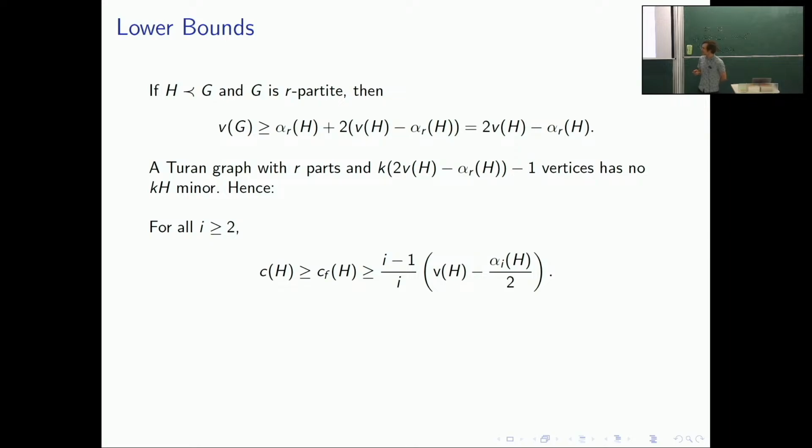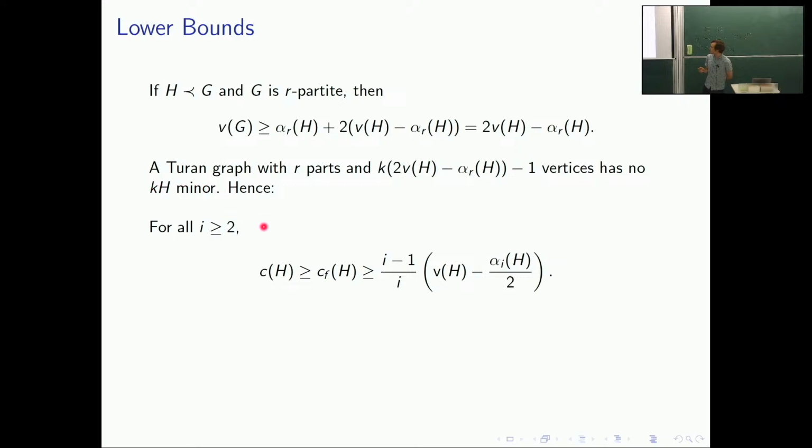So if we consider a Turán graph, a balanced complete multipartite graph with R parts, then if the number of vertices is just less than k times this function here, then it has no KH minor.